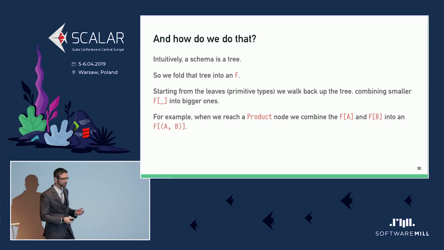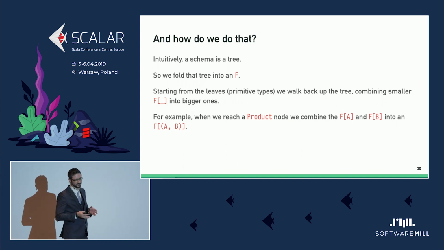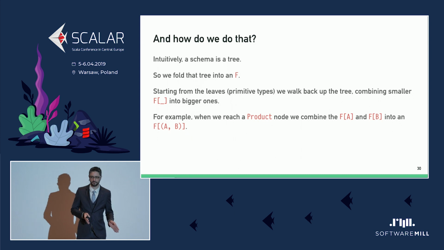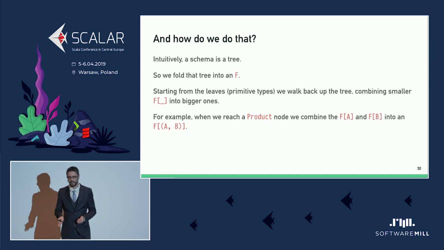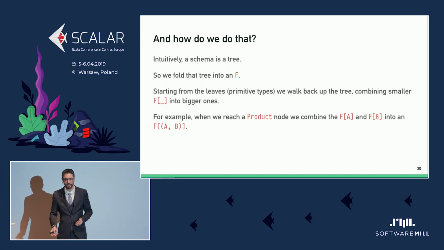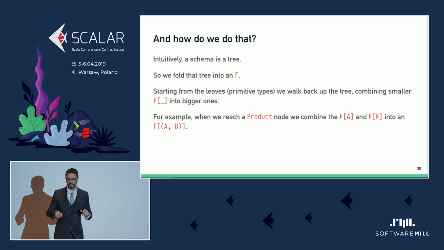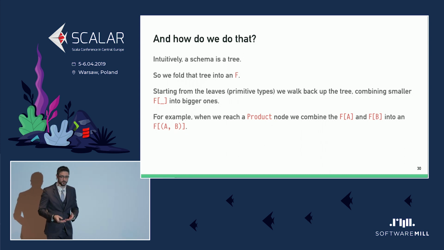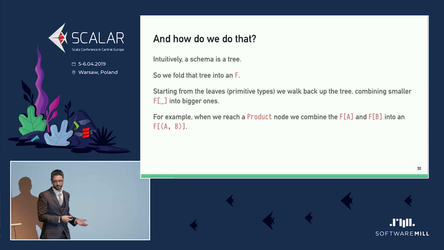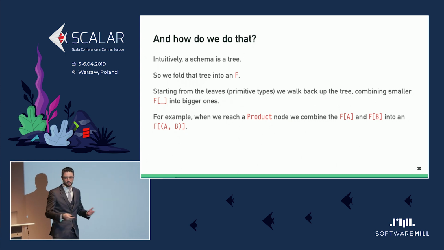So for example, if we are at a product node, and we have on the left an f of x, and on the right an f of y, we should be able to combine these two to produce an f of the pair xy, and so on. And if we are able to do that, we will end up with our natural transformation from schema to any f.